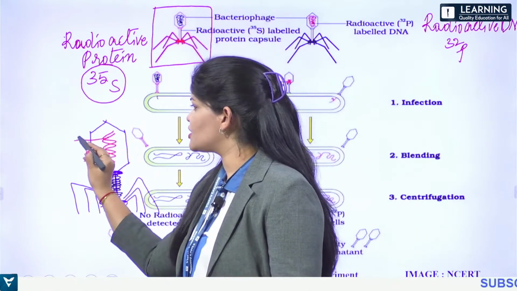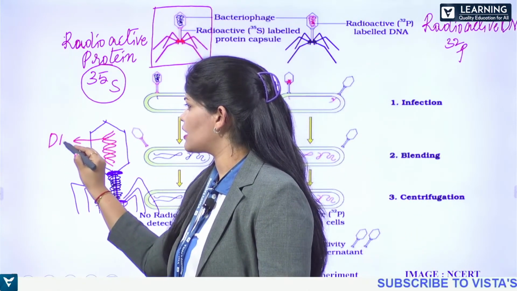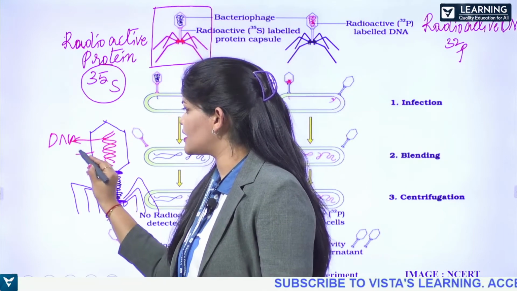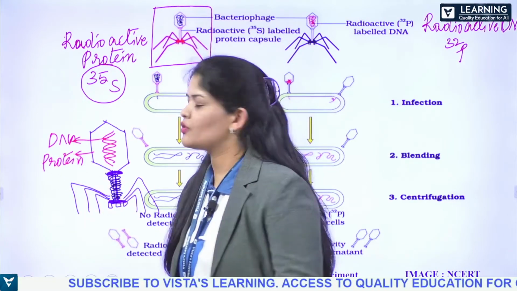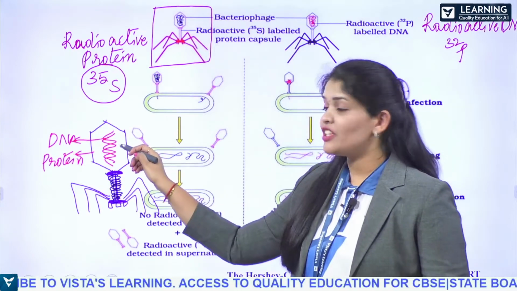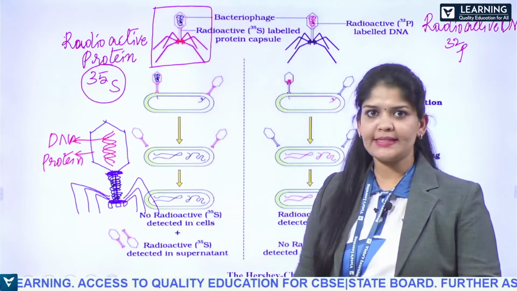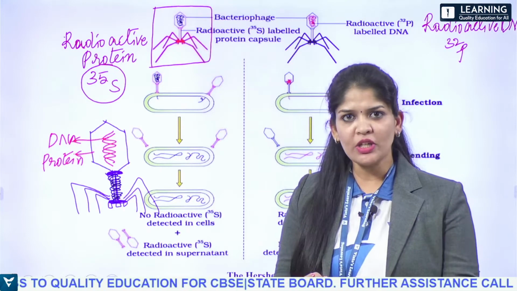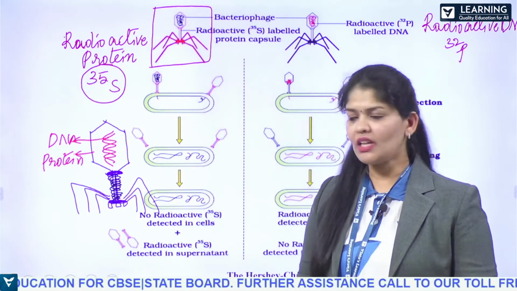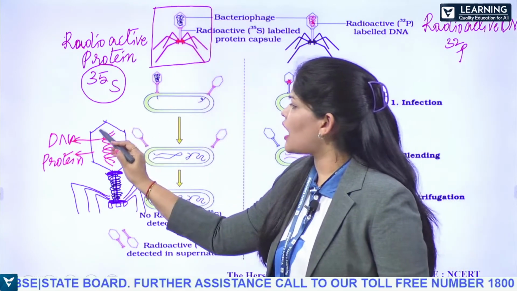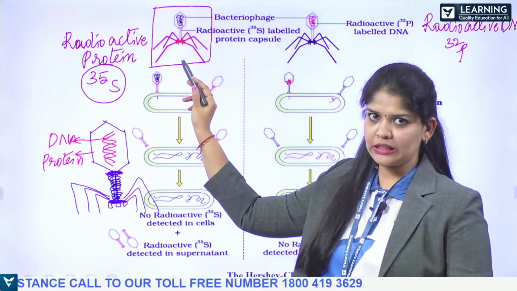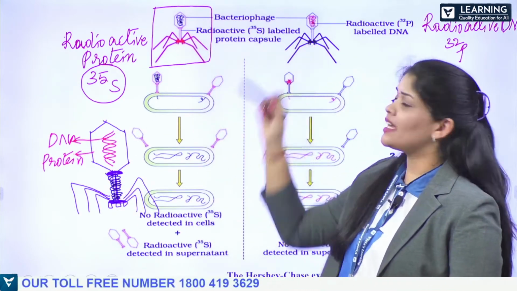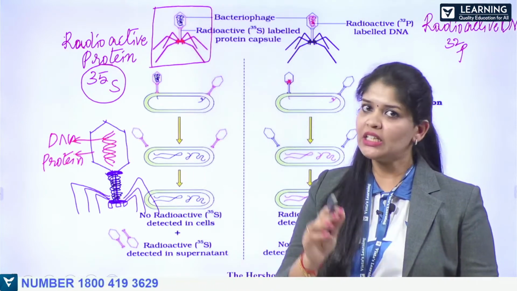Now, this genetic material is DNA and this is protein. Now, the question is which one is entering into the bacterial cell, whether that is protein or DNA. Here, the outer protein part is radiolabeled. It is represented by the red color. And here the DNA is radiolabeled, which is represented with the red color.